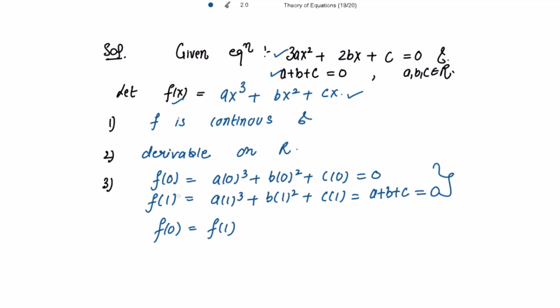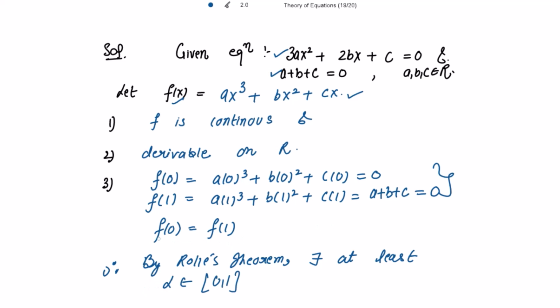Now for all these conditions, by Rolle's theorem, there exists at least one real number, let's say alpha, belonging to this closed interval 0, 1, because we are getting f of 0 equal to f of 1. At these two values, we are getting the function to be equal. So taking the closed interval 0, 1, f dash x is equal to 0.